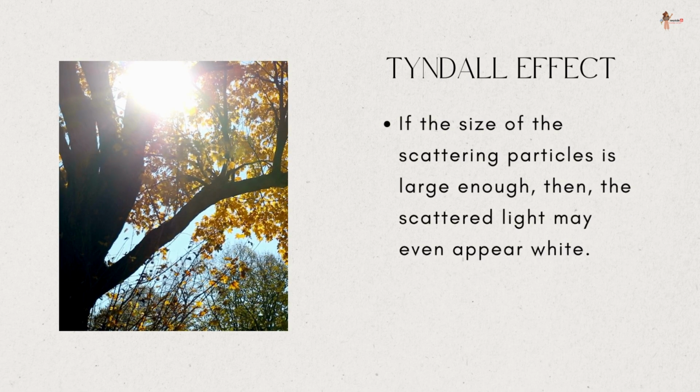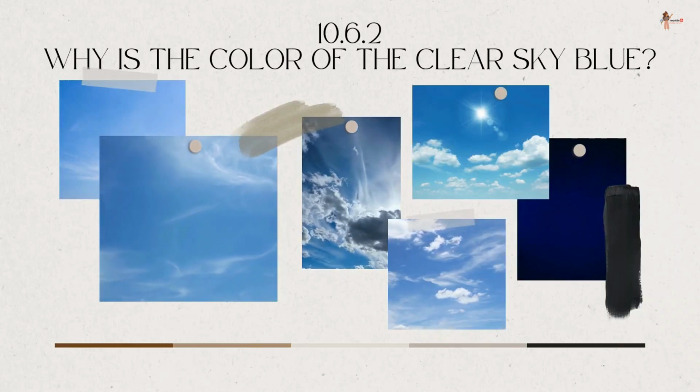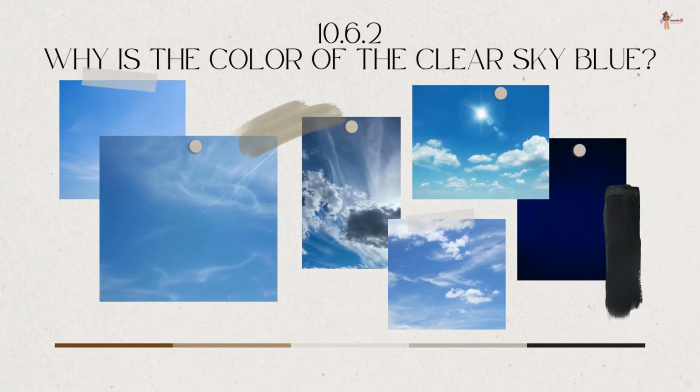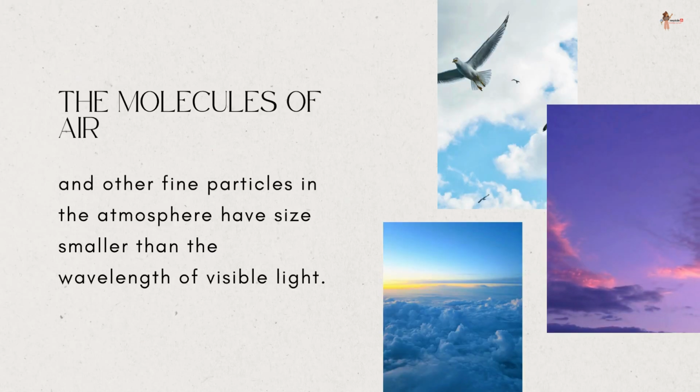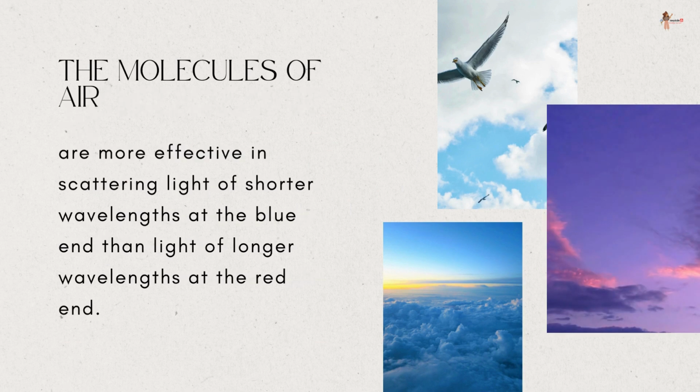Pretty interesting, right? Now let's move on to our last topic from this chapter, which is why is the color of the sky blue? The molecules of air and other fine particles in the atmosphere have size smaller than the wavelength of visible light. These are more effective in scattering light of shorter wavelengths at the blue end than that of longer wavelengths at the red end.